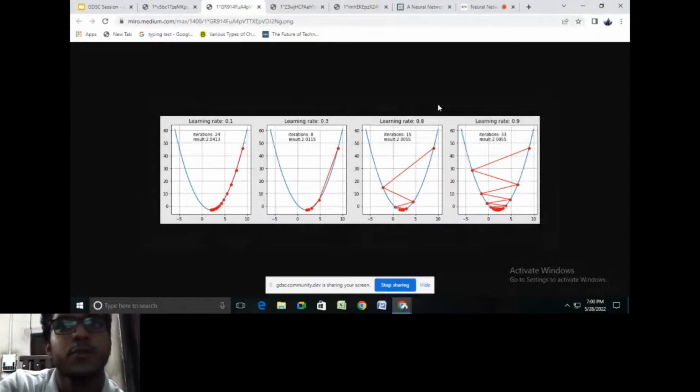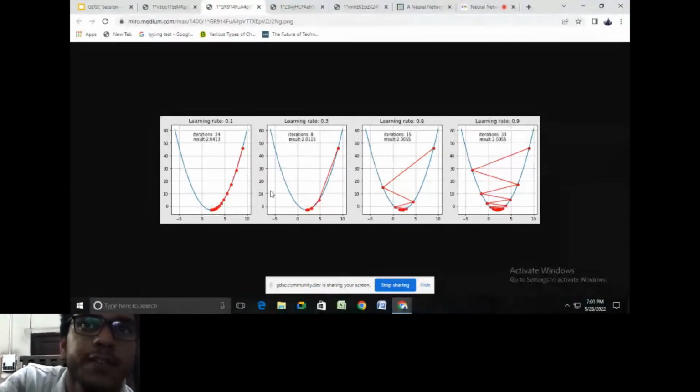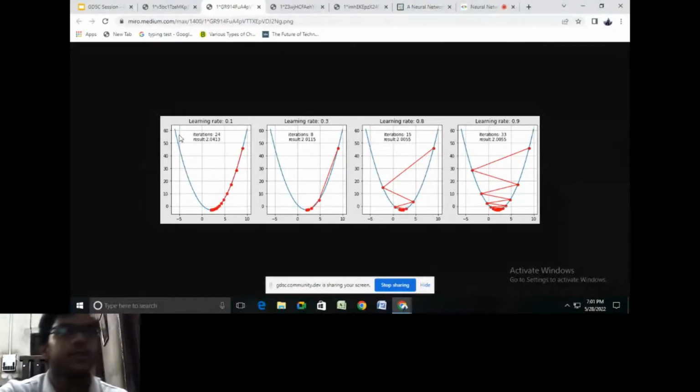Here is one other diagram, a comparative diagram with 4 graphs. Here also it is the same cost function. It has a minimum at around the point 2, and we are making a comparative study with 4 different learning rates. The first one with a learning rate of 0.1, the second one with 0.3, the third one with 0.8, and the fourth one with 0.9.